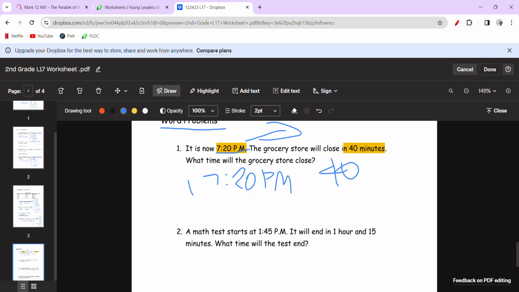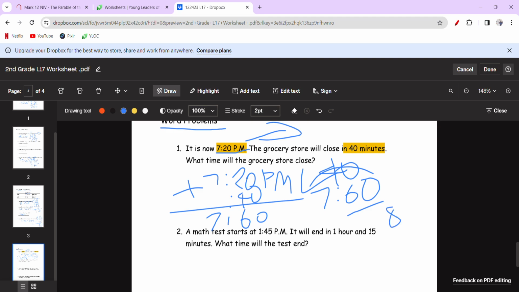So simply we would just add 40 minutes to find our final result. 0 plus 0 will be 0. 2 plus 4 is 6. Bring down the 7. Then what time? Of course, you cannot write your time in this format because once you reach 60 minutes, it would move to 1 hour. So it would be right at 8 o'clock p.m.